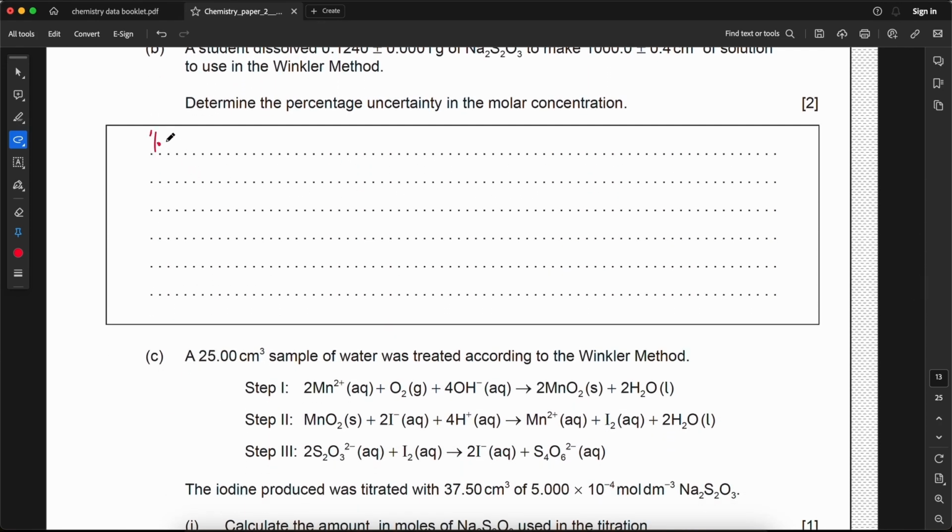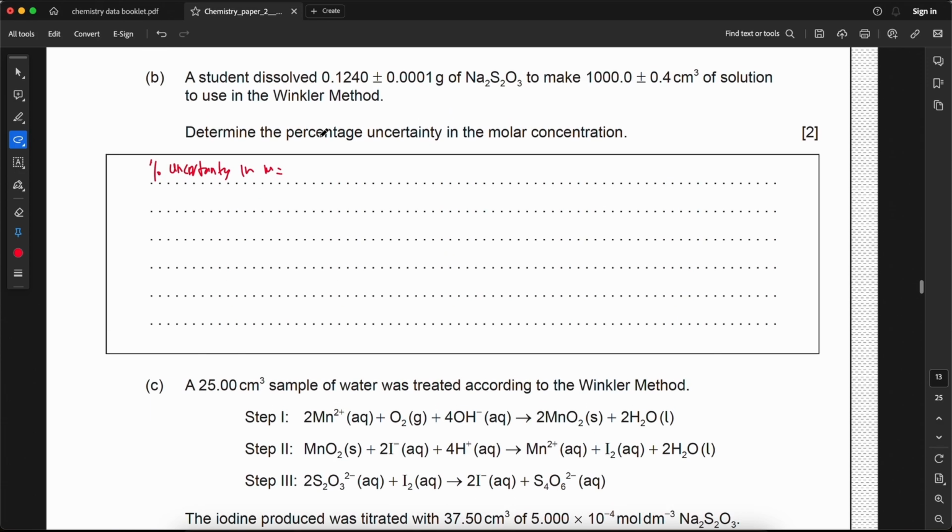So the percentage uncertainty in mass will be 0.0001 divided by 0.1240 times 100, 0.08%.